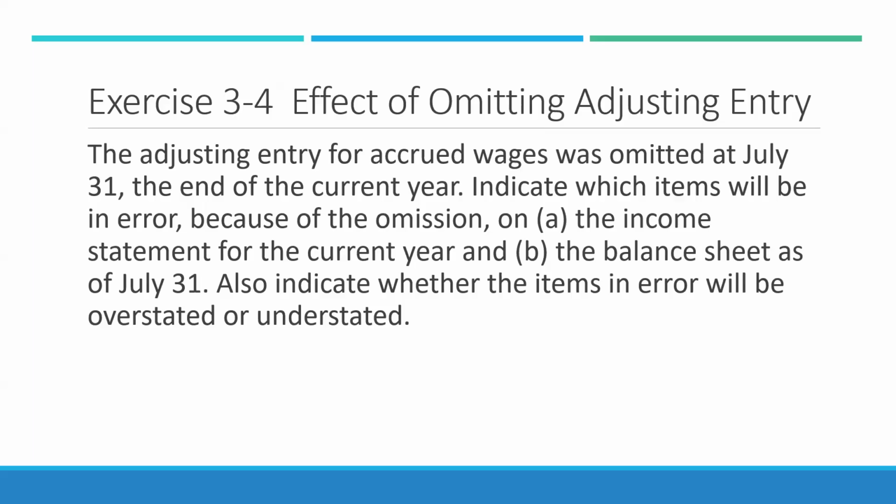Accrued wages is a debit to wages expense and a credit to wages payable. Okay? So when we have a wages expense, what does that do to net income? It lowers it, doesn't it? So if we forgot to record this entry, wouldn't it be overstating net income?